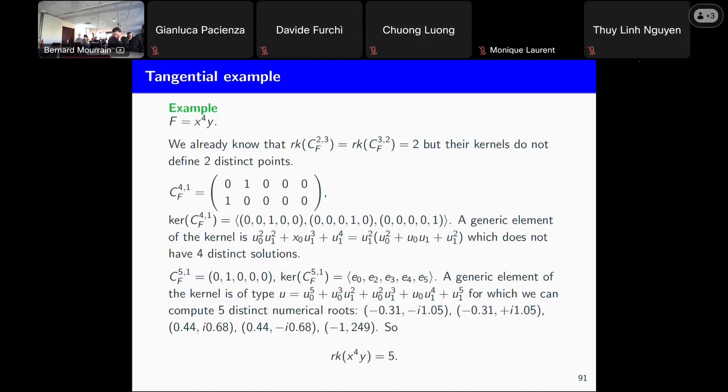If it's not, you know which is the rank, and so you know directly which catalecticant you have to compute. And so at the end, you have only to find the solutions of 2 polynomials. So you have to compute the minors of some catalecticant to compute the rank, and then you have to compute the solutions of a polynomial of the degree equal to the rank you found. If that works, it's fine. Otherwise, you go for another degree, that is d minus r plus 2. We're going to see it, and that has to work.